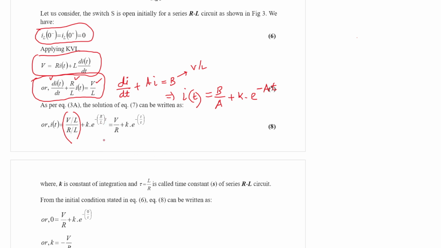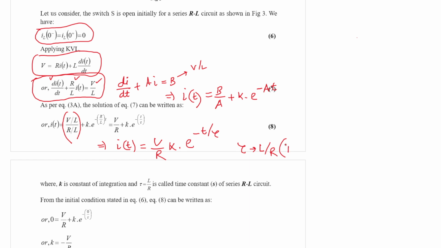As a result, the expression becomes V by R plus K into e to the power minus t by tau. What is this new parameter tau? Tau is nothing but L by R.